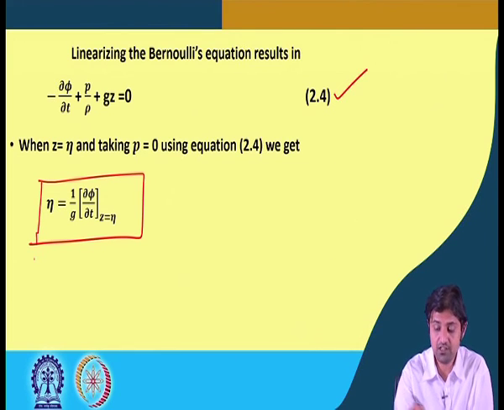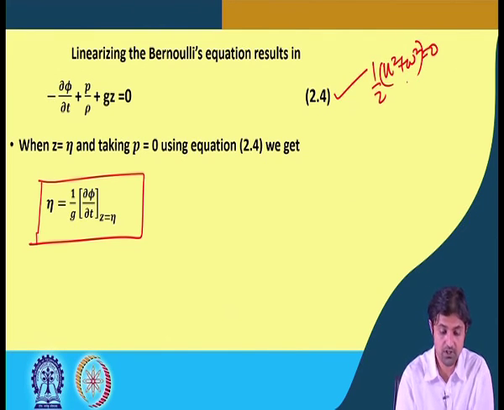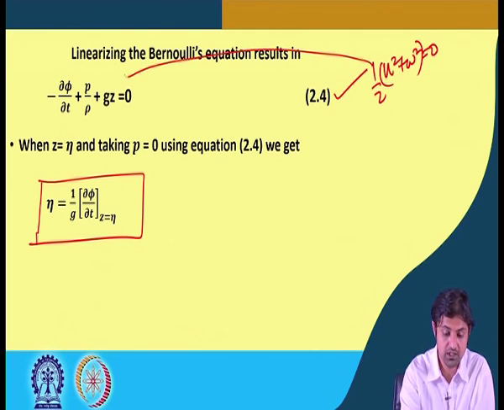You see why we have assumed u square plus w square is equal to 0. At the top there will be no velocity of the fluid particle, that is why it is going down under the influence of gravity. That is why half u square plus w square is going to 0, and that is why we were able to linearize and avoid this term.